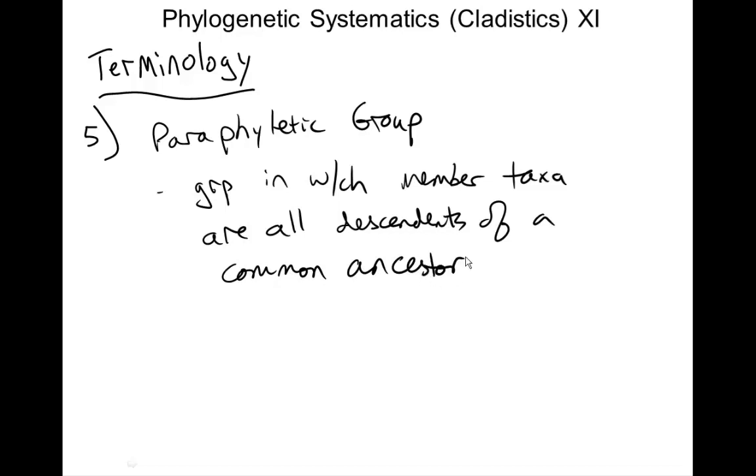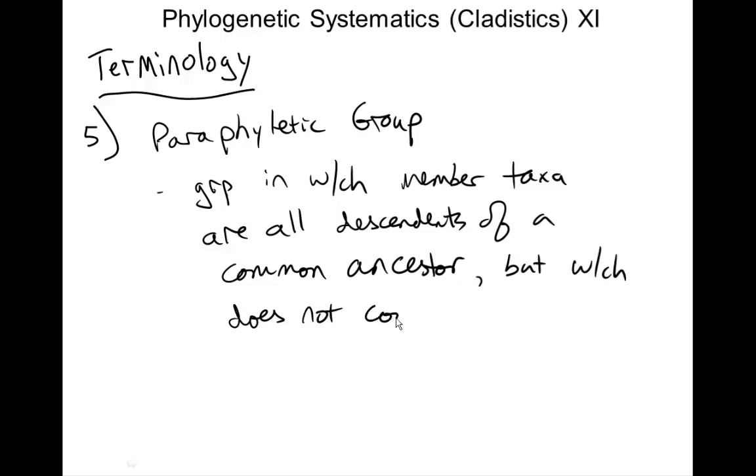But this group that we're delineating doesn't contain all the species that were descended from that common ancestor.